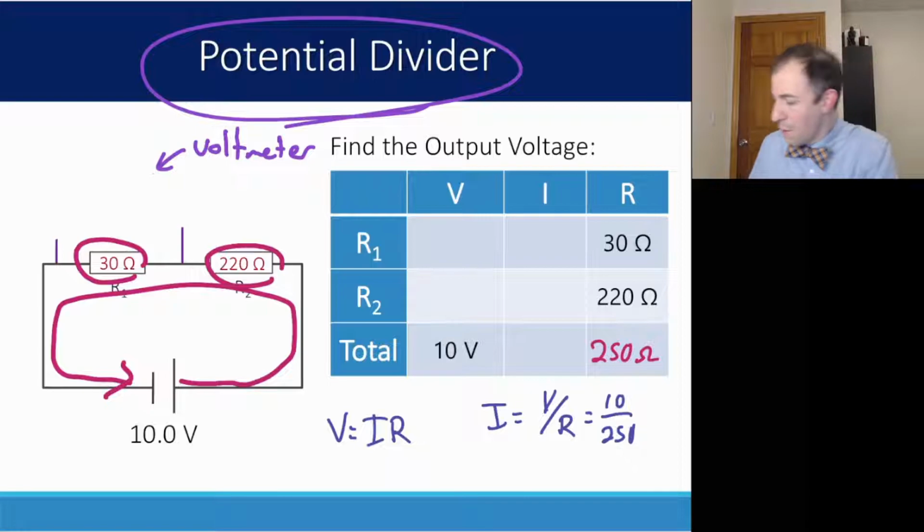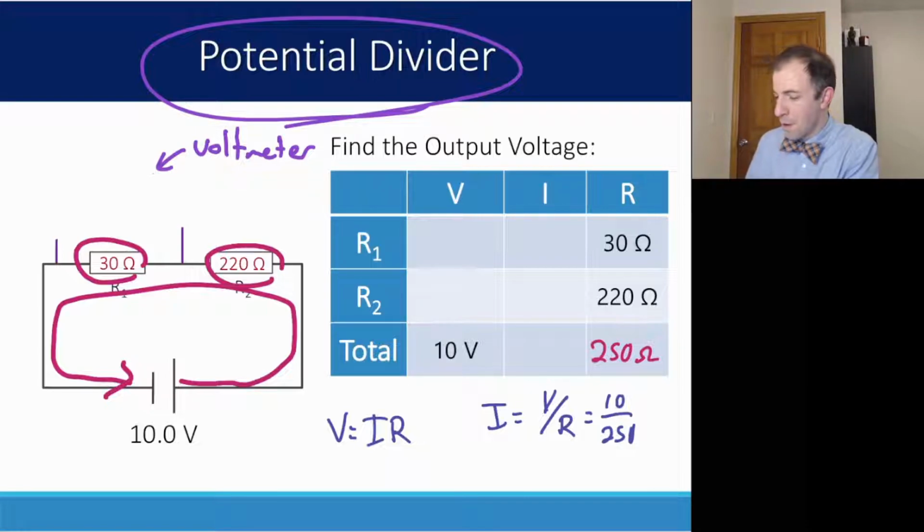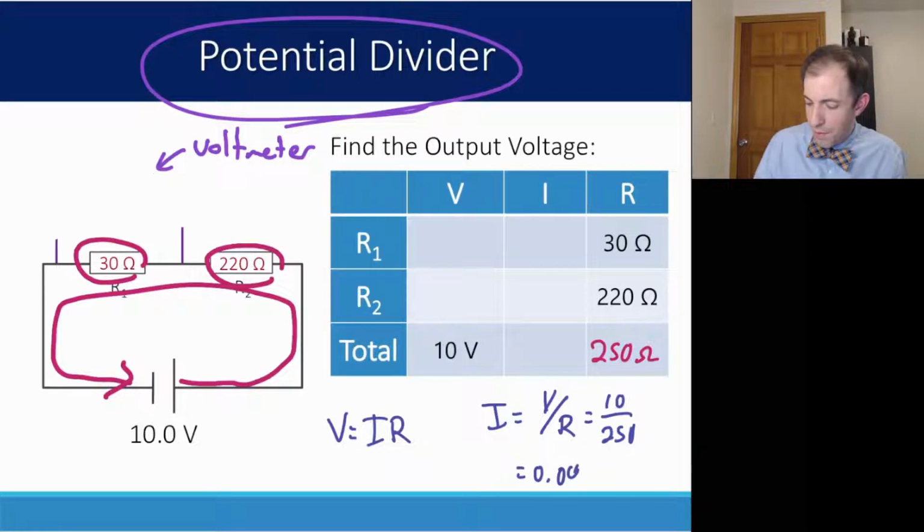Well, 10 divided by 250 will give us a current of 0.04 amps. Now, that current is the same all the way through.